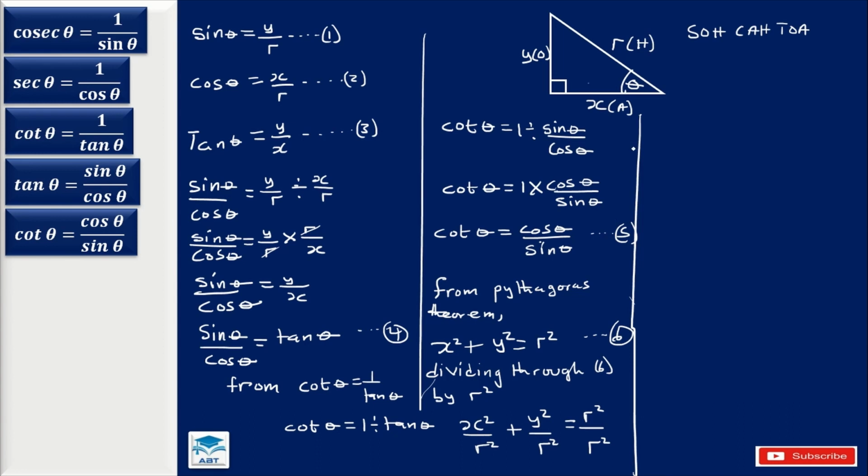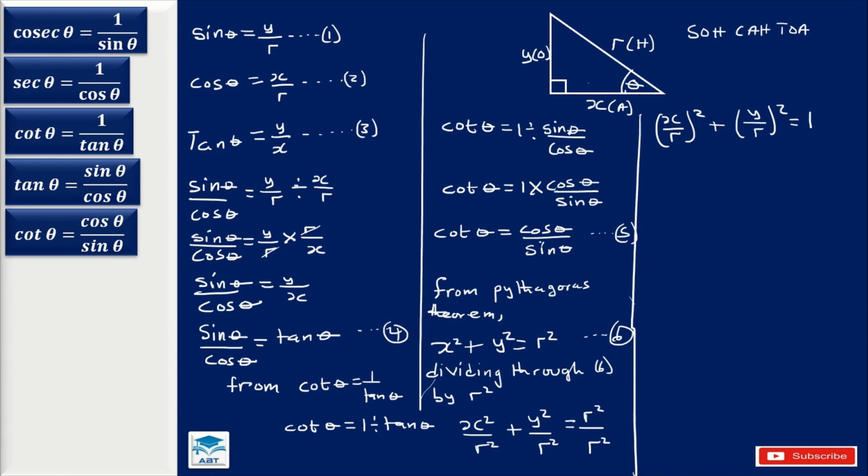We can write this as x divided by r all squared plus y divided by r all squared, and r squared divided by r squared is 1.